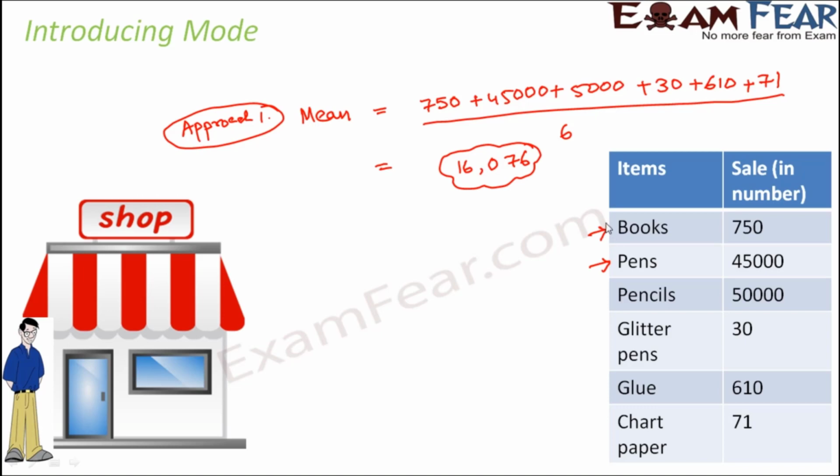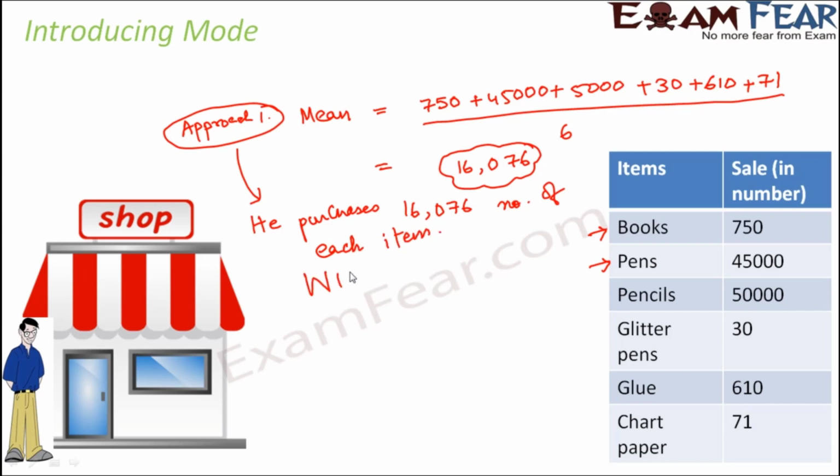So I will purchase 16,076 books, 16,076 pens, pencils, glitter pens, glue, chart paper, all of them. So his approach 1 would be that he purchases 16,076 of each item.